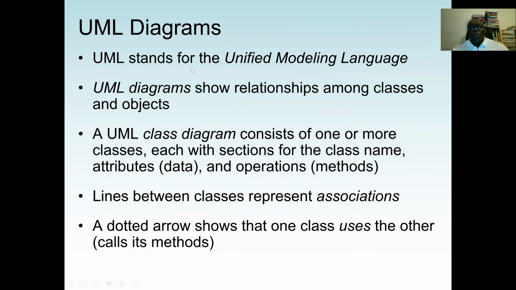Then we also have the UML diagram, which stands for the Unified Modeling Language. In this section, we only use the class diagram. UML has up to around 14 different diagrams, mostly used in software engineering or software design, analysis and design courses. For example, we have an activity diagram, state diagram.